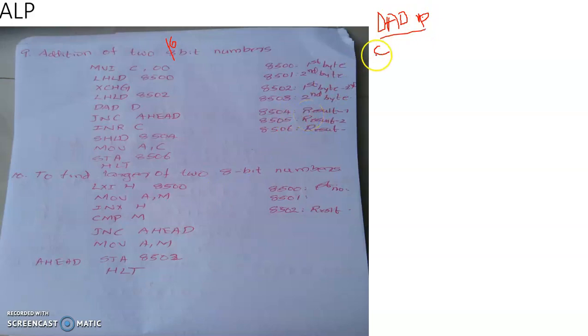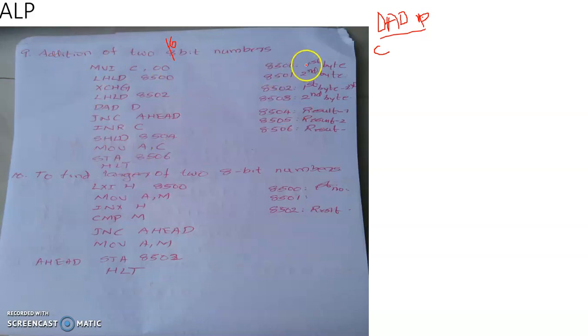Then the carry content, the third byte of the result generated in the C register, is moved to the accumulator and saved to the location with address 8506. So this is the mode of operation to execute this program.